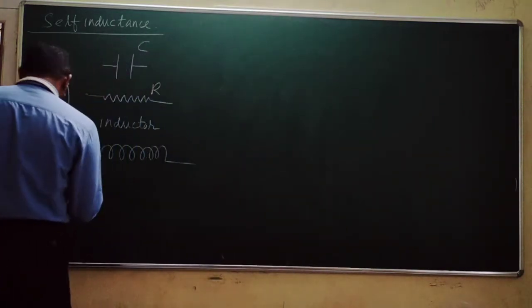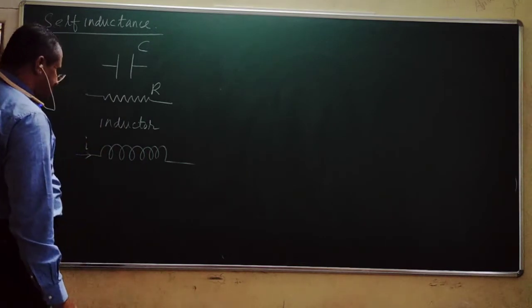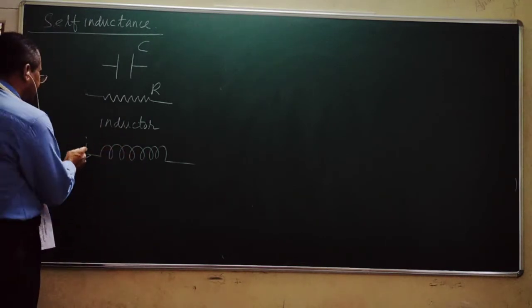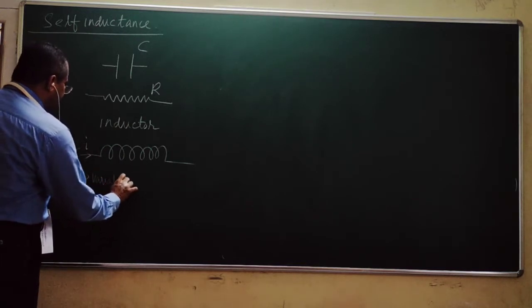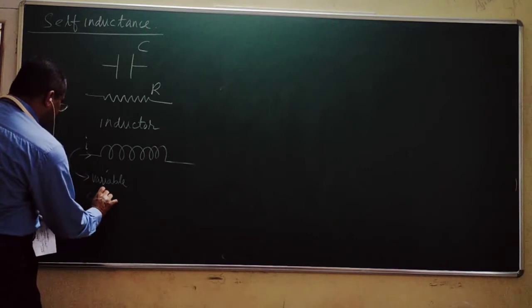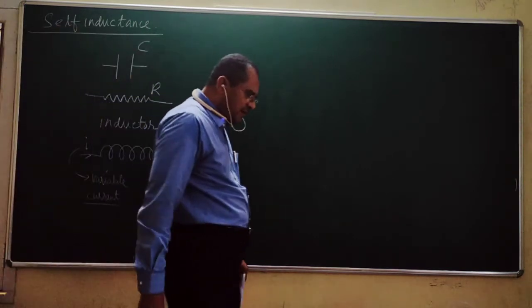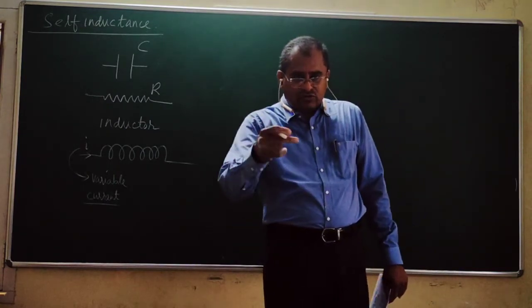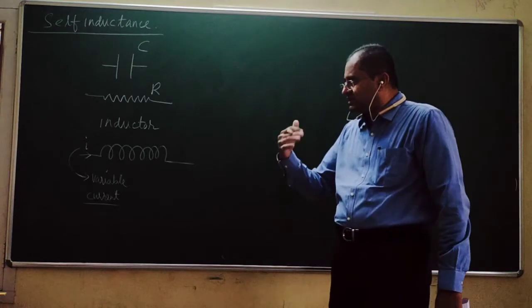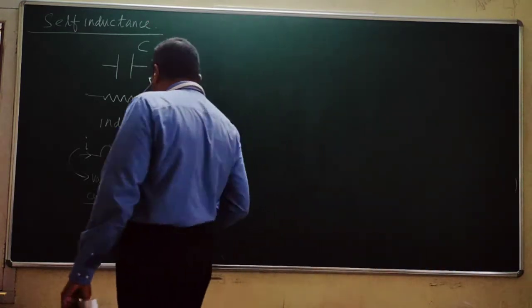Let us suppose a current of I amps is flowing through this. Most importantly, this current is a variable current. The moment a variable current flows through this coil, inductor, solenoid, you find an opposing current.